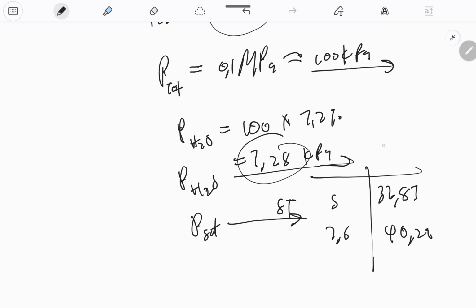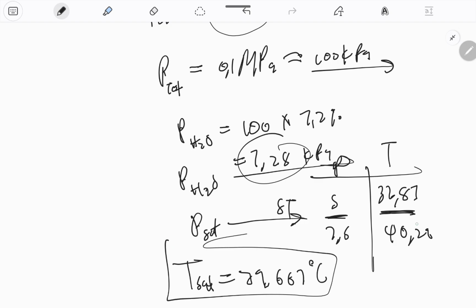And remember, these are temperatures, these are pressures. So we have the pressure we're trying to interpolate here, and if I do the interpolation, I'm going to get T_g. I'm getting 39.667 degrees Celsius.